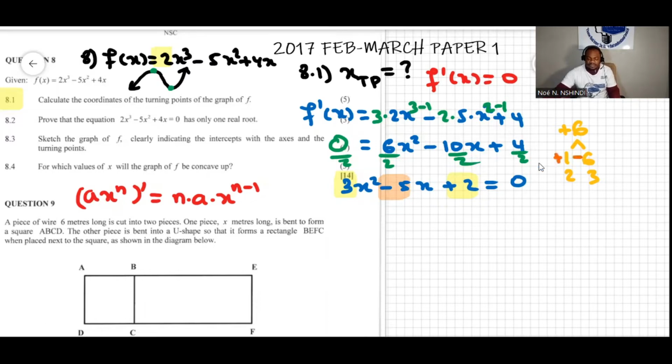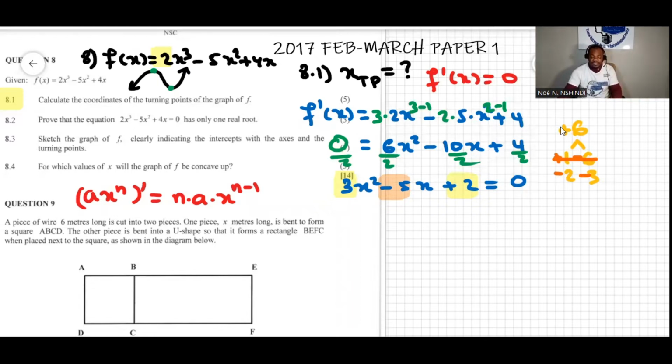But +1 times -6 makes +6? No, so not this. With 2 and 3, we can still get -5 if we do -2 and -3. But will -2 times -3 be +6? Yes. So I can extend this trinomial into 4 terms.